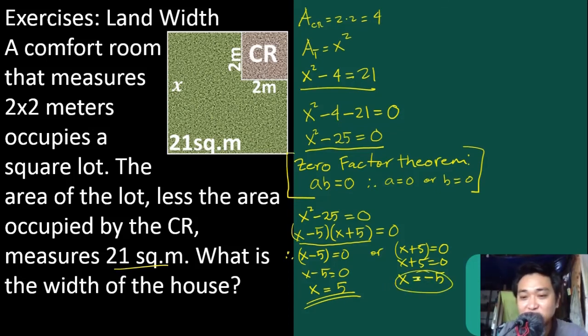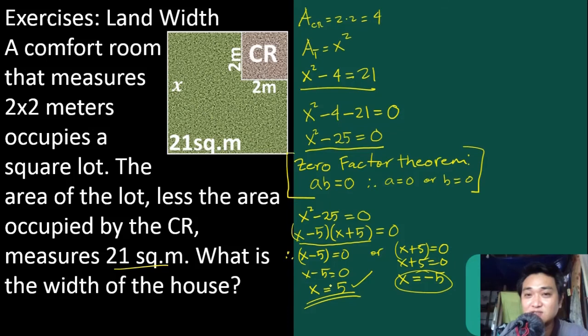Kasi negative 5 is a negative solution, and when we are pertaining to measures of length and width, we don't usually need negative measurements. So tutukan na lang natin yung ating positive measurement.